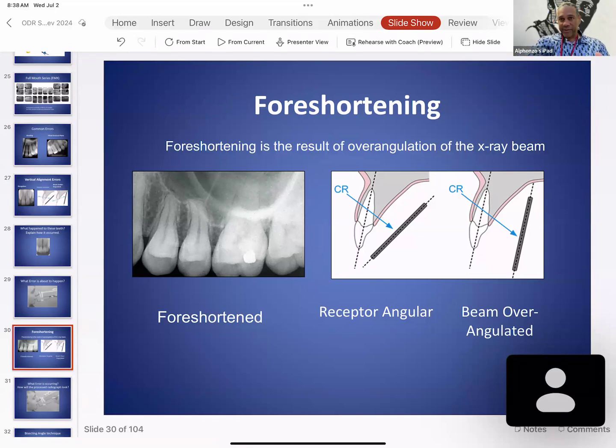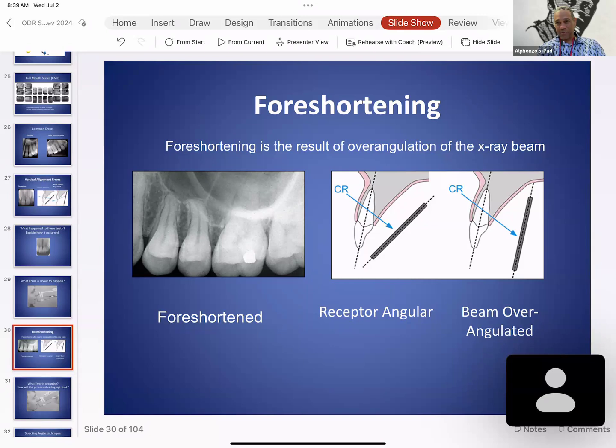Foreshortening is the opposite of elongation, I guess, because now the tooth will appear shorter. And you can look at the image where it says foreshortened, and all the teeth look kind of small. And one other thing that you can see here is you can tell easily why this is foreshortened, because you can see all of the cusps.